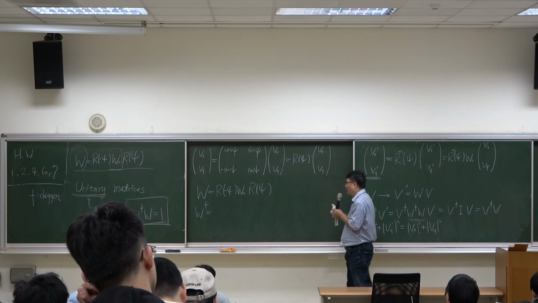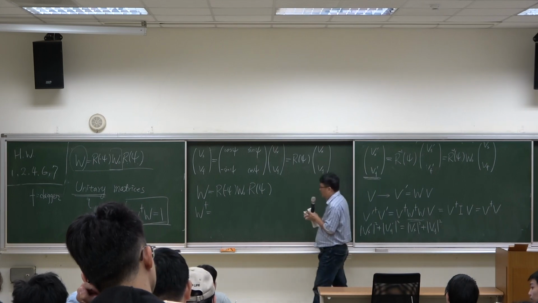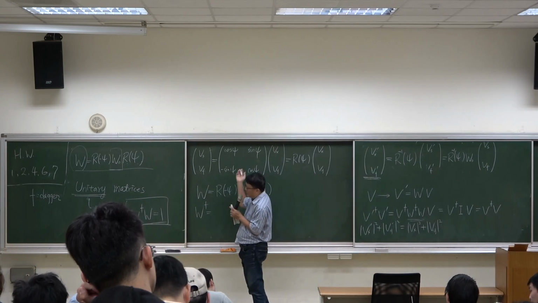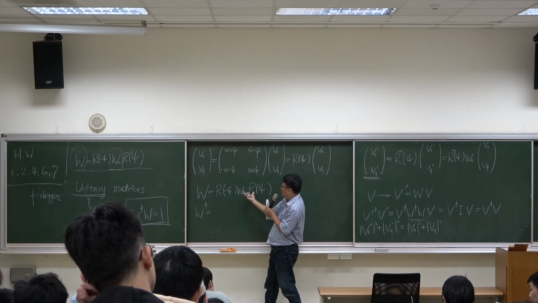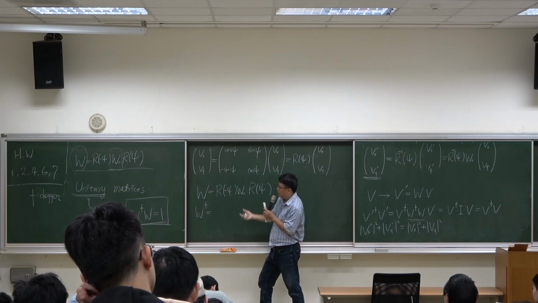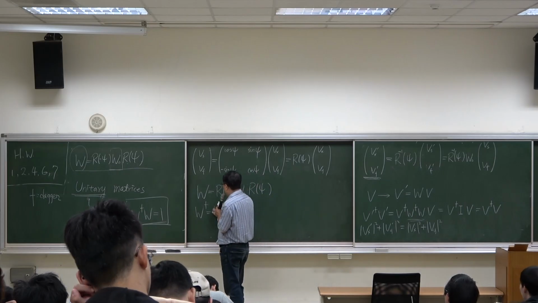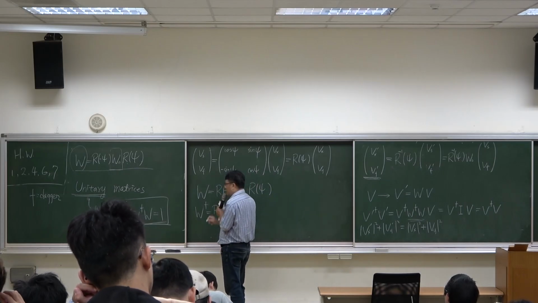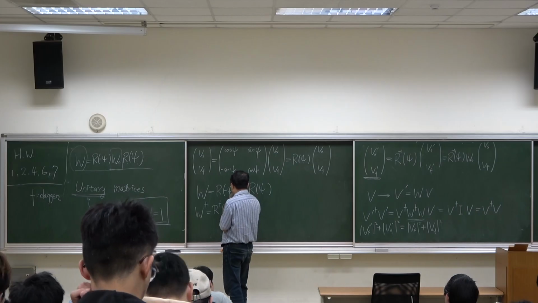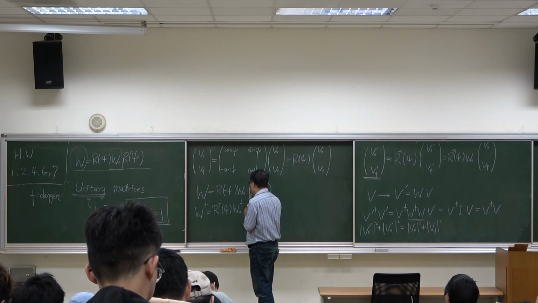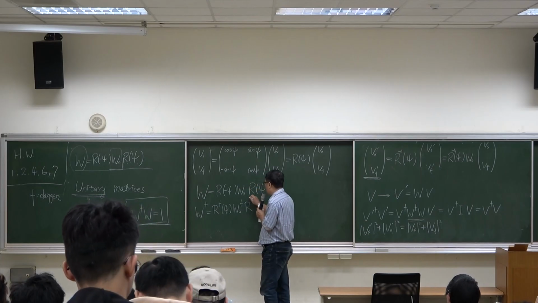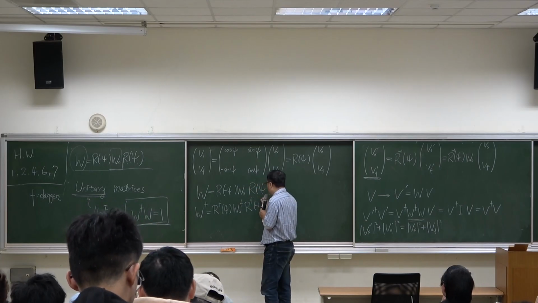According to linear algebra, the dagger is transpose and complex conjugate. So transpose will reverse the order of the product. So we have R dagger psi times W0 dagger times R dagger minus psi.